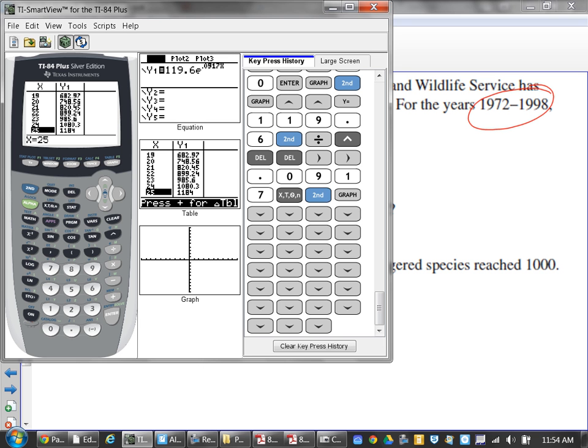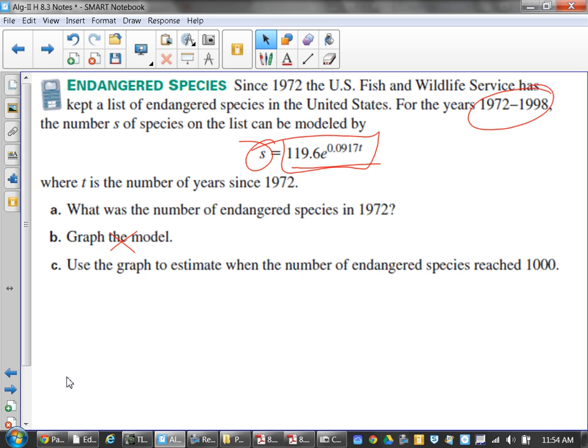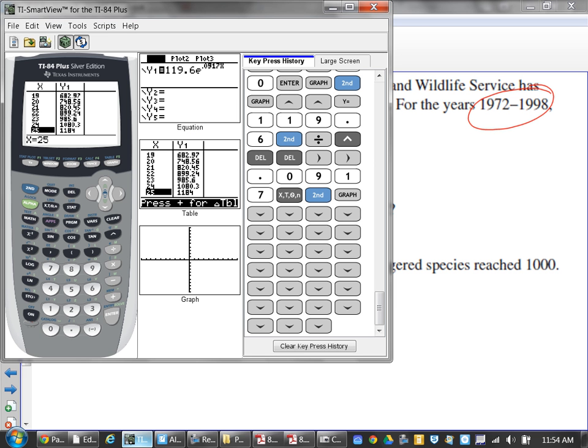What I would suggest that you write when it says approximately when the number of endangered species reached 1,000, I would say with this data that I have here, between 23 and 24 years. So we just say between.